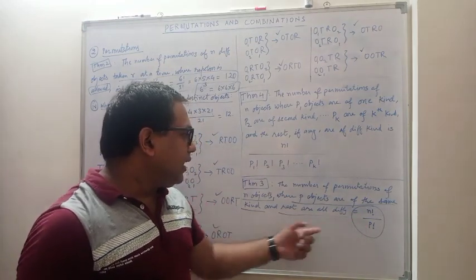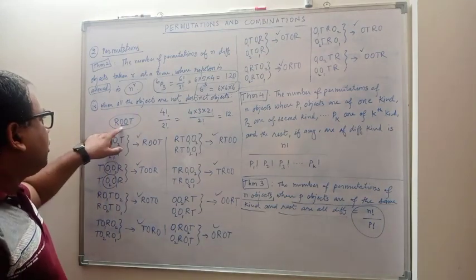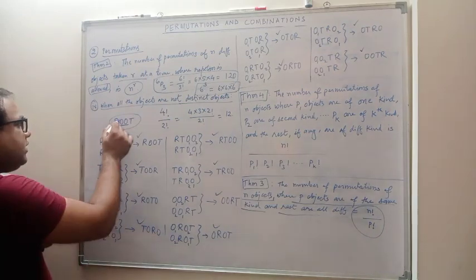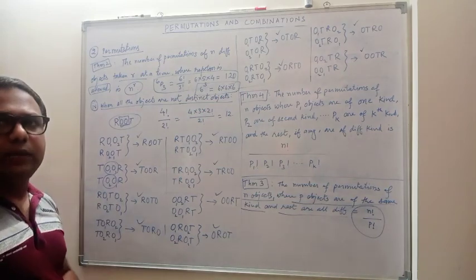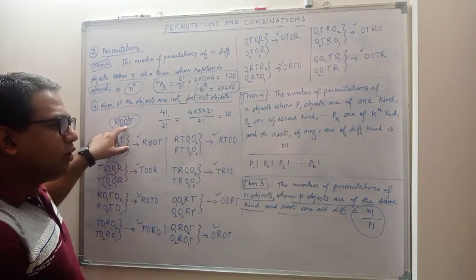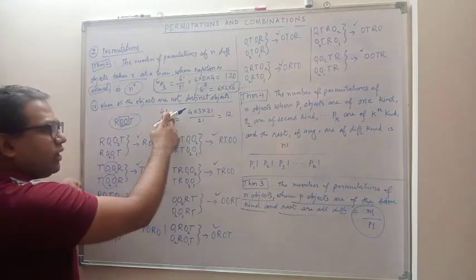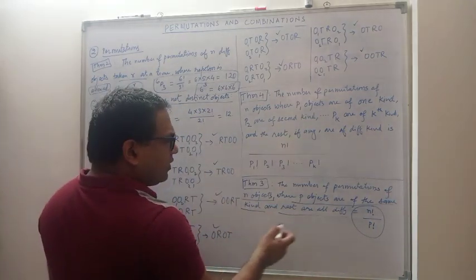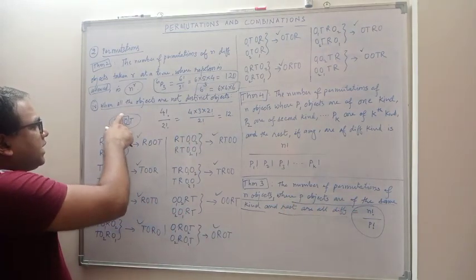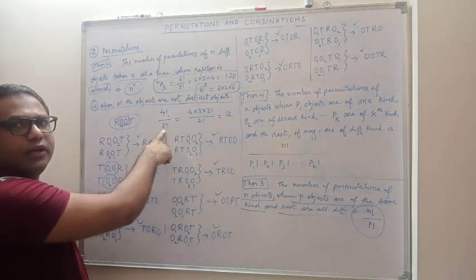That means if we have four objects, and out of these 4 objects, 2 objects, these OO, are of the same kind. So n factorial, the number of objects, we have 4, so we have written 4 factorial, and the p objects are of the same kind, there are 2 objects which are of the same kind, so I have written 2 factorial.